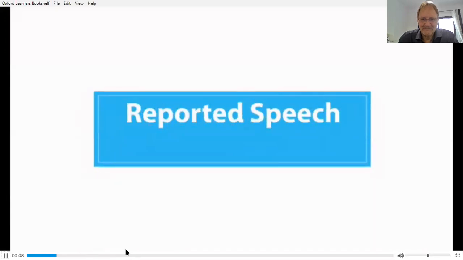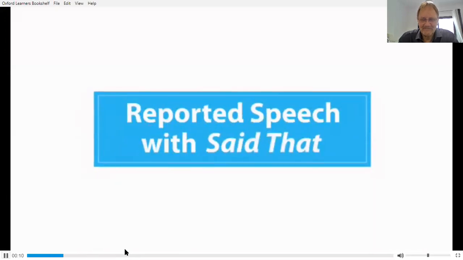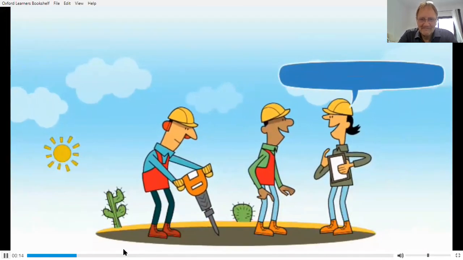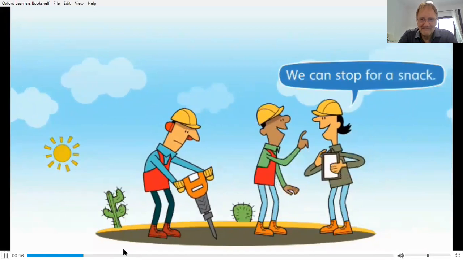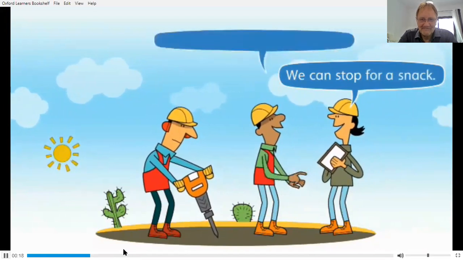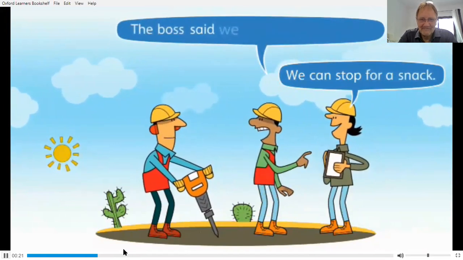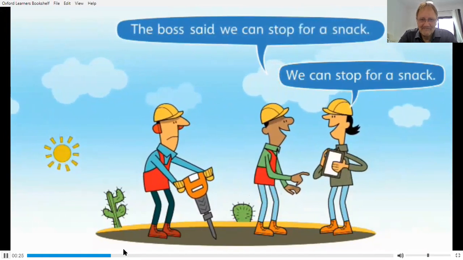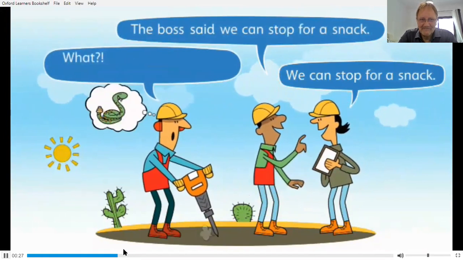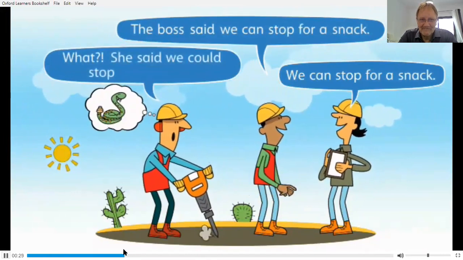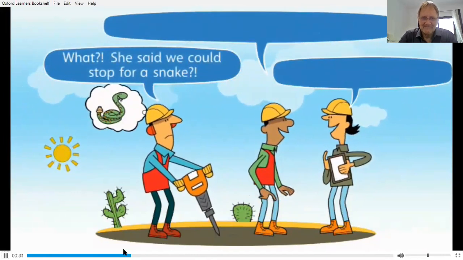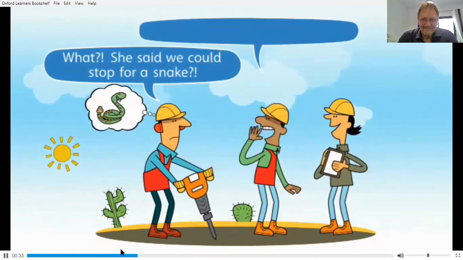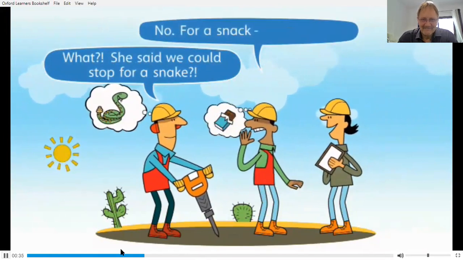Reported speech with said that. We can stop for a snack. The boss said we could stop for a snack. What? She said we could stop for a snake? No, for a snack.